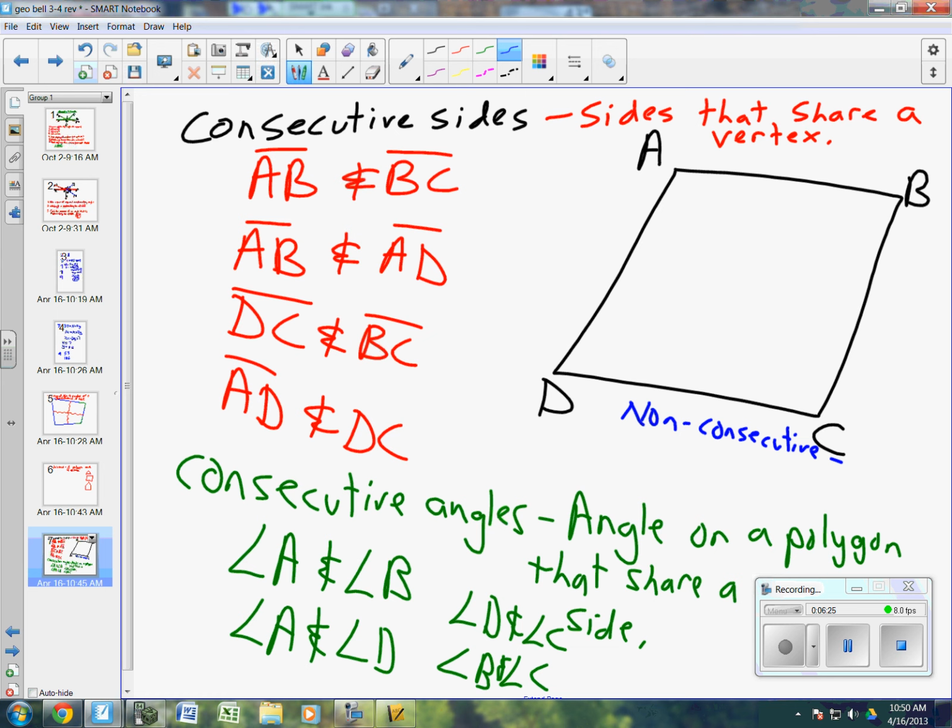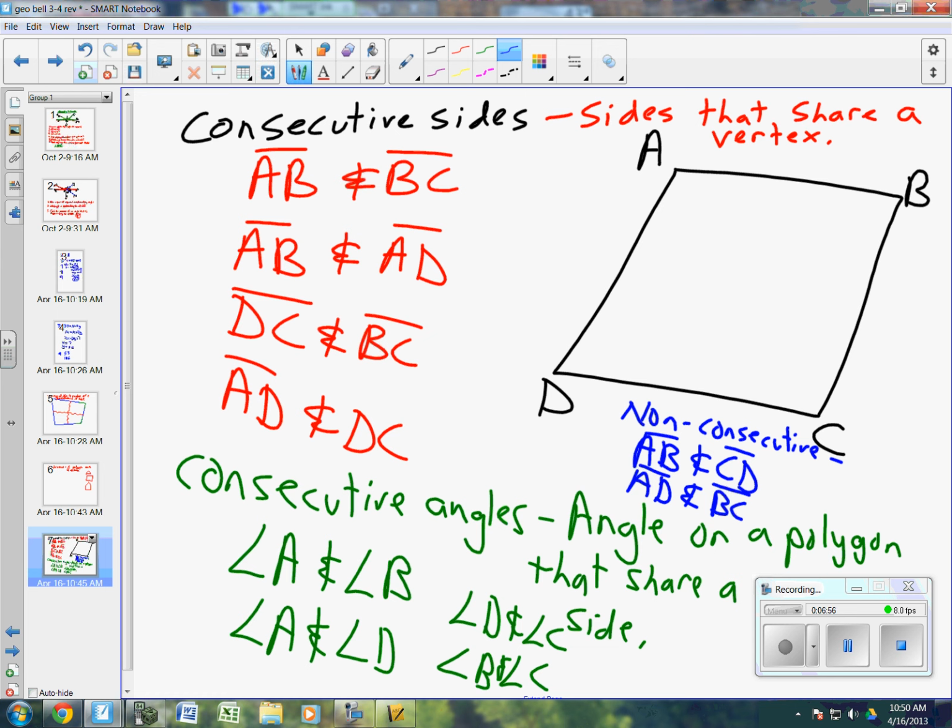Okay, so AB and CD are non-consecutive. AB and CD are non-consecutive. Okay, another one. What's another one? AD and what? And BC are non-consecutive, right?